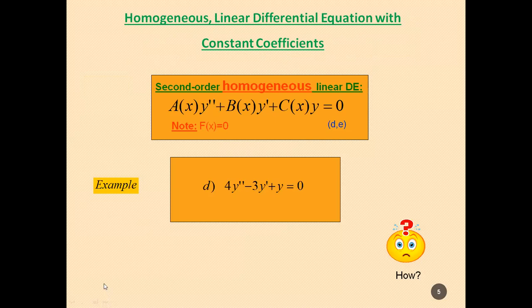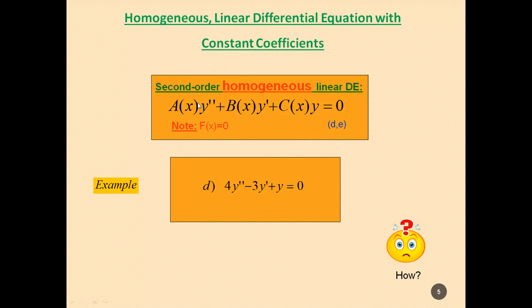So this is what we're going to learn this afternoon. How do we find the solution of a homogeneous higher order linear differential equation with constant coefficients? So the format is something like this if it is said to be homogeneous only. But if it has to be with constant coefficients, then in this case we have to do away with the x.